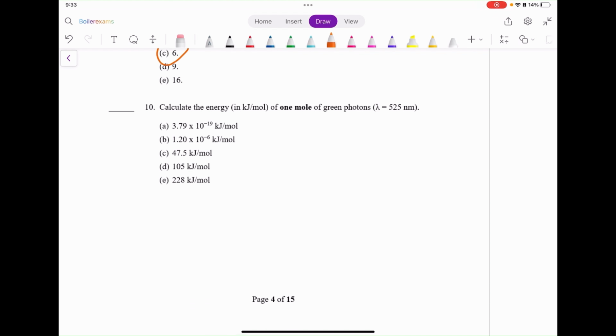Calculate the energy in kilojoules per mole of 1 mole of green photons.